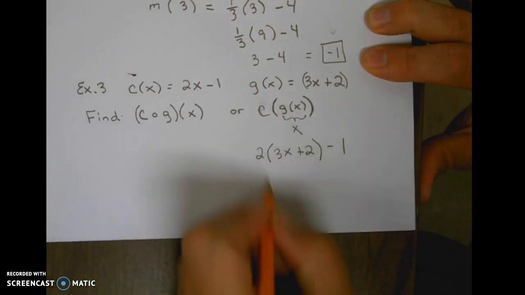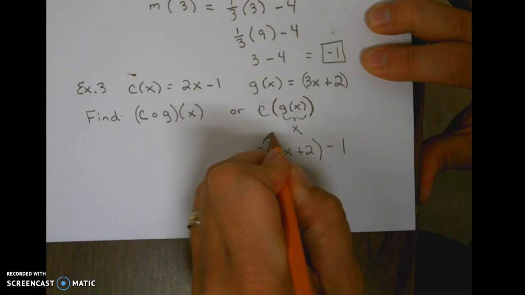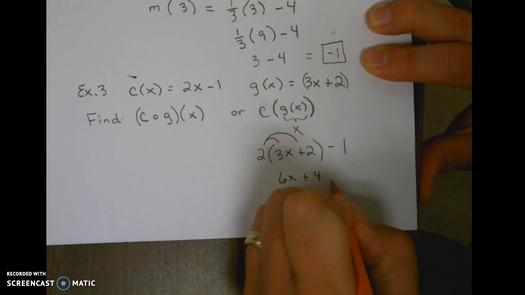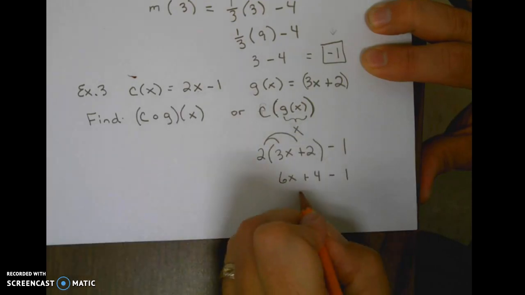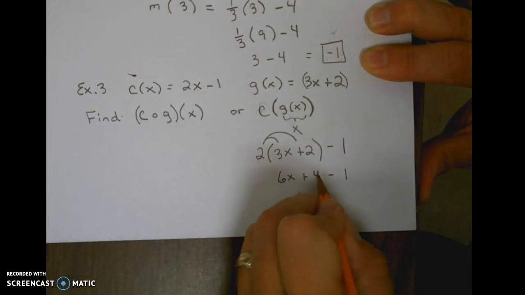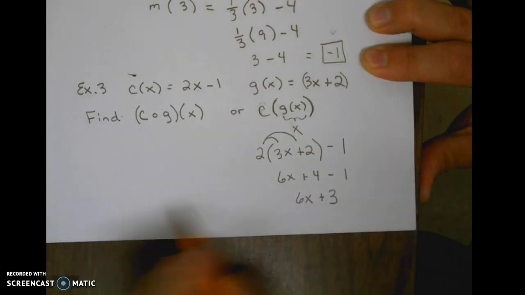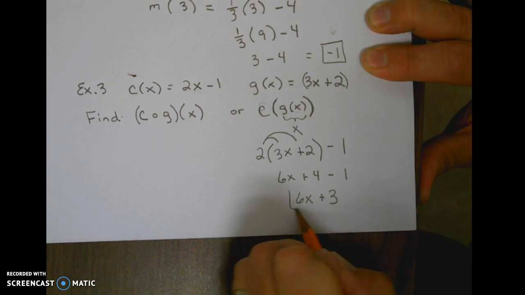And then we simplify this, so we're going to distribute. Bring down the minus 1 and continue to combine like terms. And that's as far as we can go. So this would be our answer.